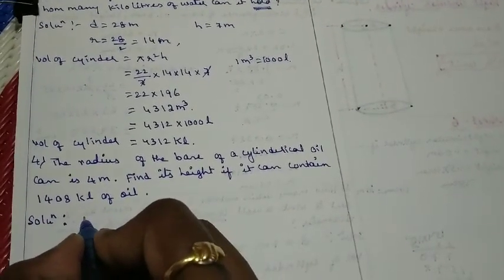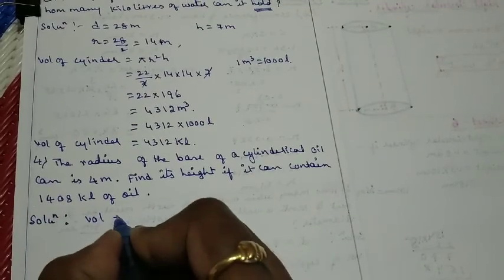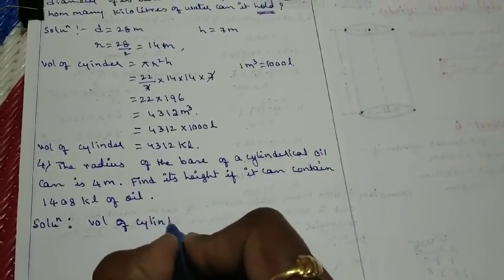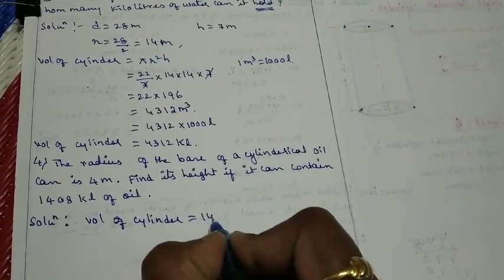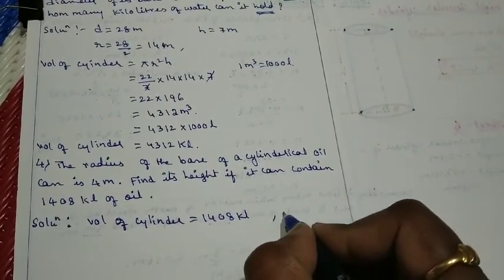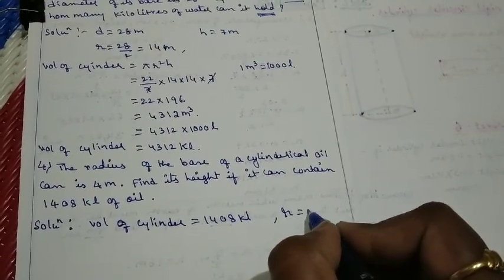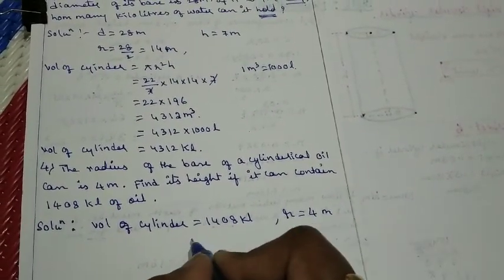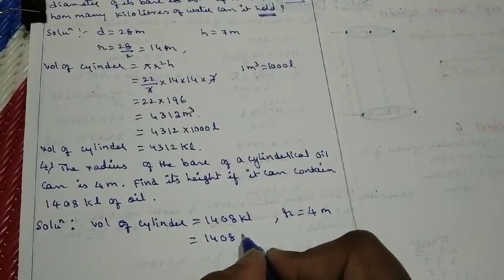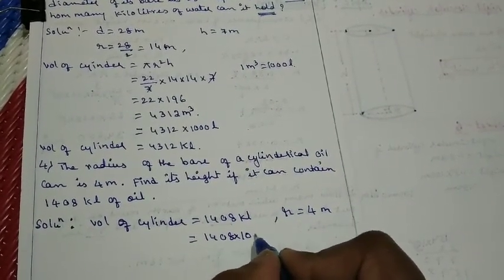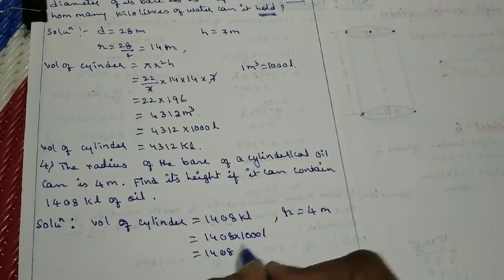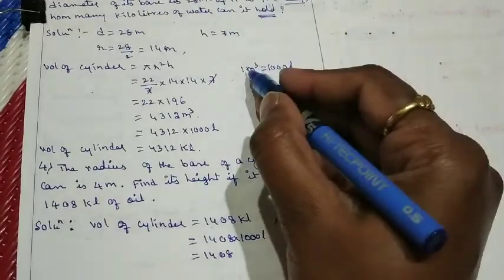So volume of cylinder equal to 1408 kiloliters, and here the radius is given in meters, so 4 meter. So we know that 1408 kiloliter is nothing but into 1000 liters, and we know that 1408,000 liters is nothing but 1 meter cube.